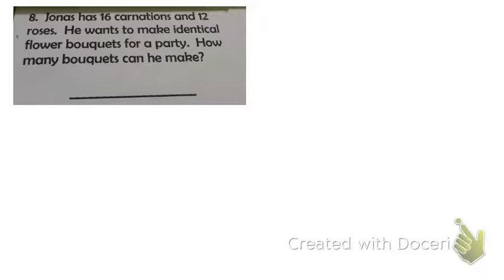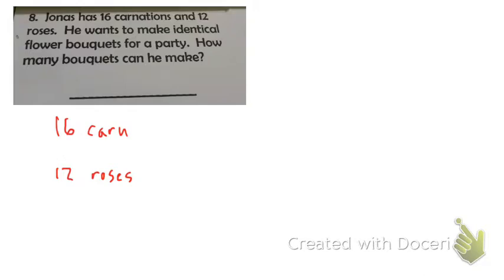All right, this problem sounds a little funky, but I think it's actually pretty simple. Jonas has 16 carnations and 12 roses. The way you want to think about this is that we want to split these evenly into their own groups.